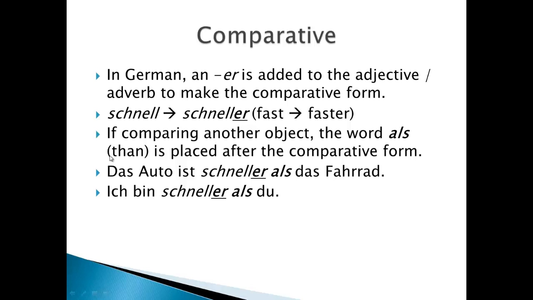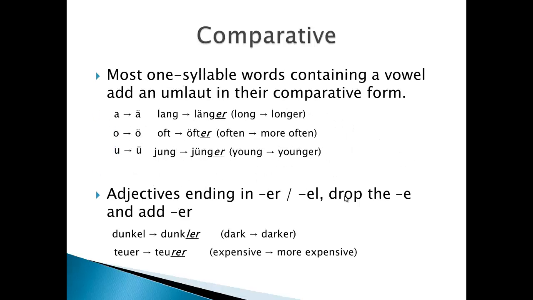If you're going to be comparing two objects, you're also going to integrate the word als, meaning than, so faster than, bigger than, smaller than, etc. So das Auto ist schneller als das Fahrrad. The car is faster than the bicycle. Or ich bin schneller als du. I'm faster than you. Okay?